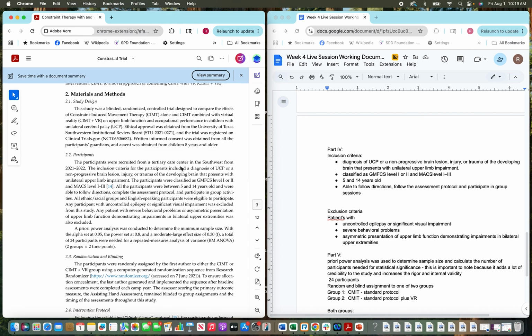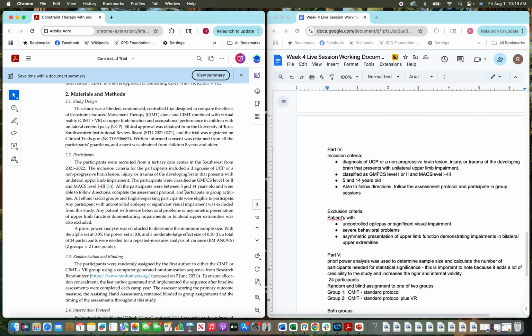So, firstly, we want to look for the inclusion criteria, and it actually blatantly states the inclusion criteria for participants in this study included a diagnosis of UCP. Okay, so that's the first bullet. Participants were then classified, right, as level 1 or 2, so I added that.